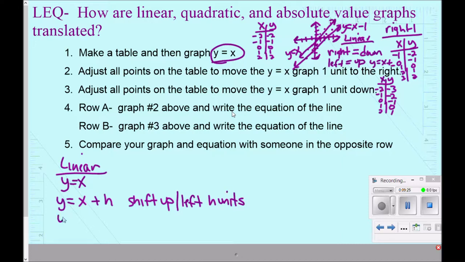And if we have y equals x minus h, that is a shift down or right, again, h units, whatever h represents, whatever number.